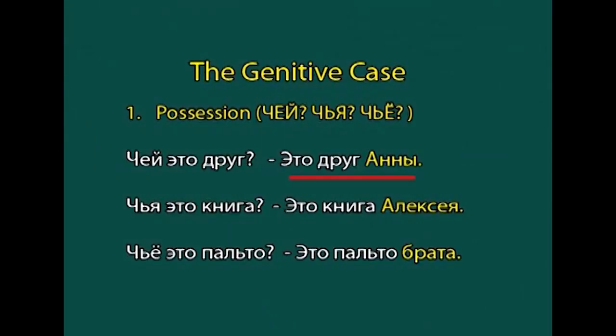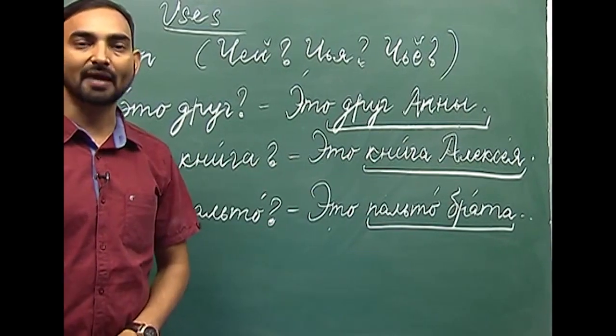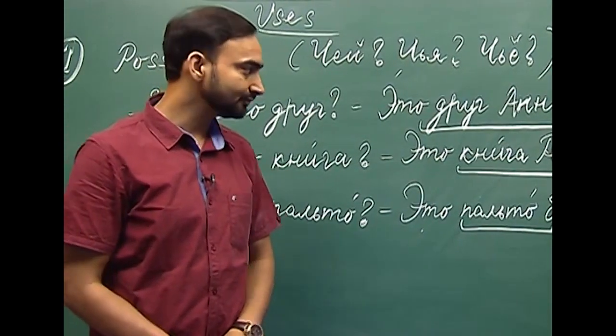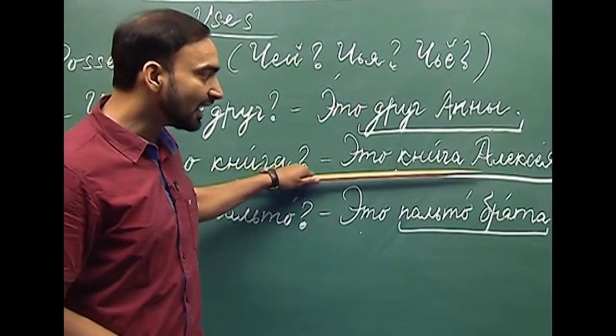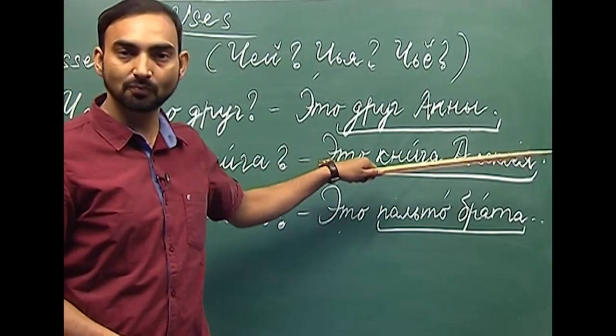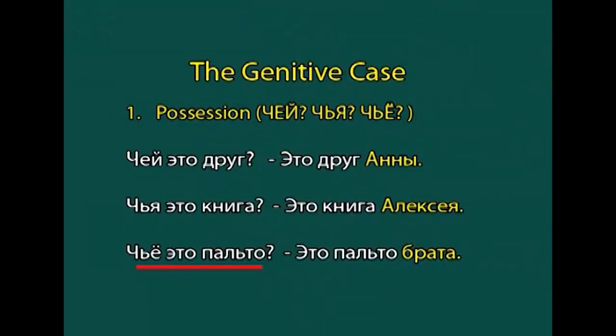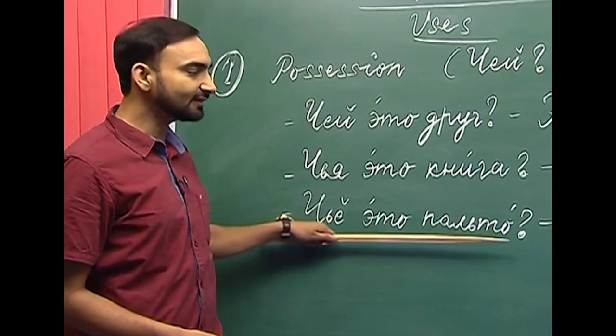Чей это друг? Это друг Анны. Чья это книга? Это книга Алексея. Алексей, again it is a masculine Russian name. So, here книга Алексея denotes Alexei's book. Чьё это пальто? Whose is this? Coat.